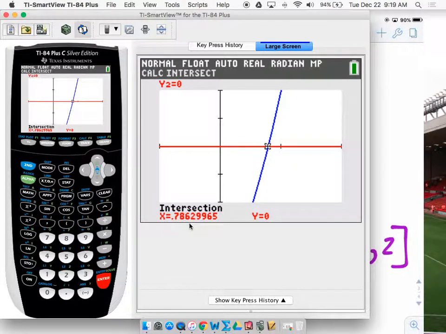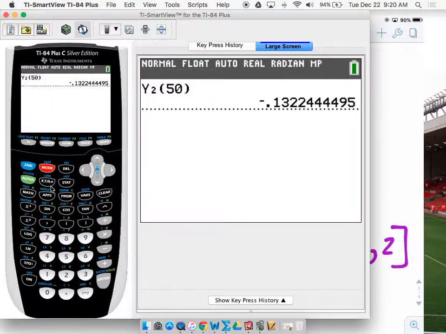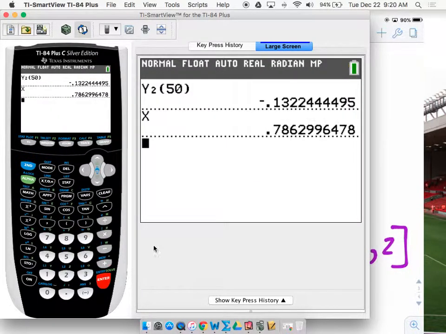I want you to start getting the habit of storing it into your calculator. So we just figured out that our solution was this. You're going to go to your home screen, and you're going to hit X, and then hit Enter. That's the number that we just found.